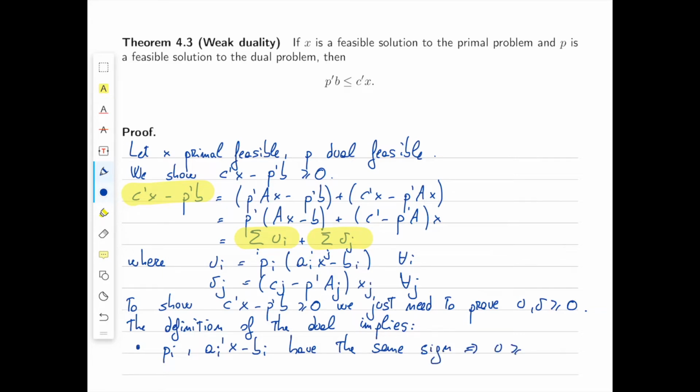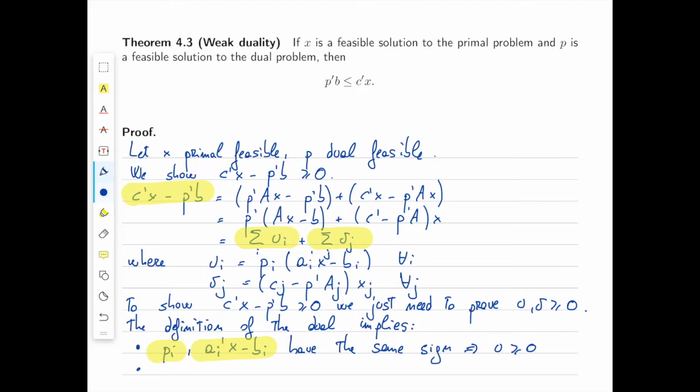Therefore, u is greater than or equal to 0. In fact, from the definition of the dual, we have that if ai transpose x is greater than or equal to bi, then pi is greater than or equal to 0. Vice versa, if ai transpose x is less than or equal to bi, then in the dual, pi is less than or equal to 0.